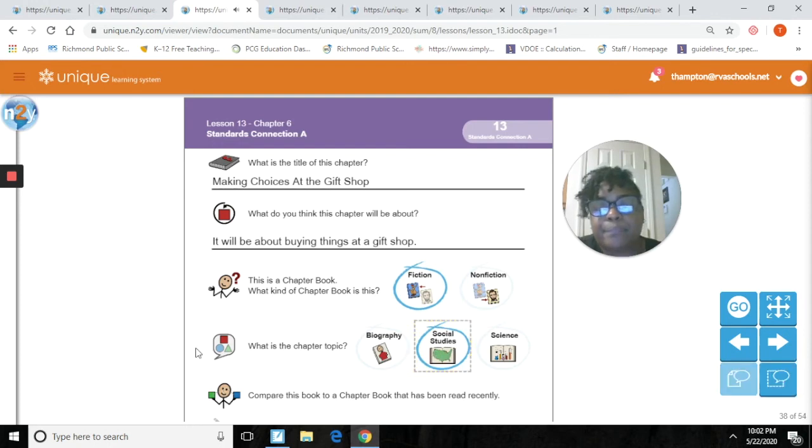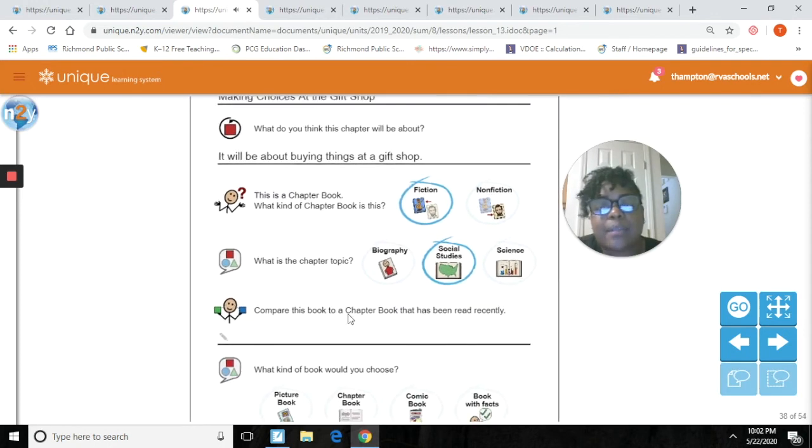All right. So it says here, compare this book to a chapter book that has been recently read. When we compare things, what do we do? We talk about the similarities and the differences of things when we're comparing them, right? I'm going to think about a book that I have recently read to give you an example.